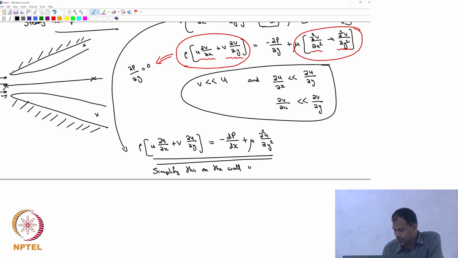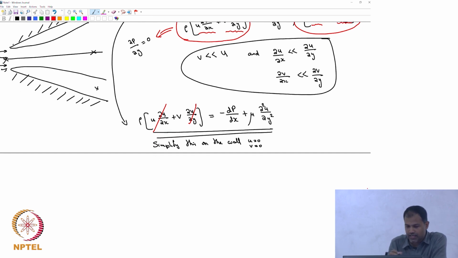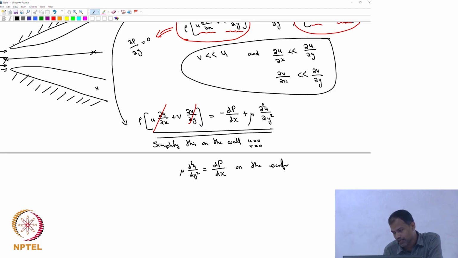So u is 0, v is 0, and therefore if I look at my x momentum equation, these terms go away on the surface of the wall, and I have mu d square u by dy square is equal to dp by dx on the surface. Okay, all of you agree?